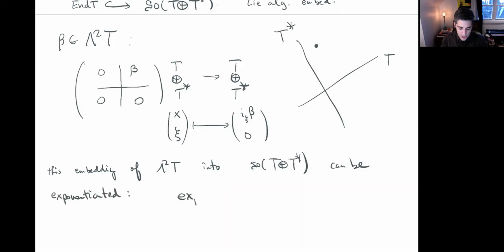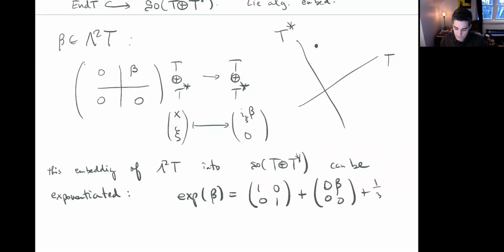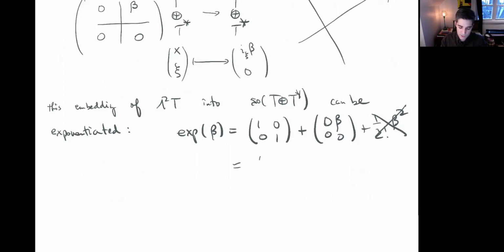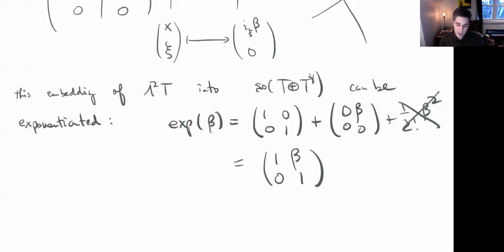So if we exponentiate one of these Lie algebra elements, what would we get? We would get 1, the identity, plus beta, plus 1 over 2 factorial beta squared. But if you square this upper triangular matrix, you're going to get 0. So it just terminates after 2 steps. And we just get this. So you see, you get an upper triangular matrix with the identity on the diagonal.